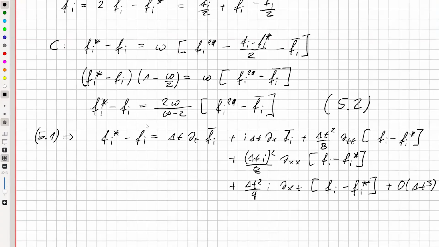Now there is one observation to be made. Everything on the right-hand side of this equation has at least one delta t in front of it, right? So this means that fi asterisk minus fi is of order delta t.